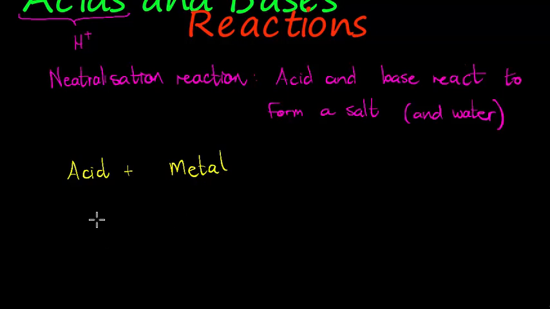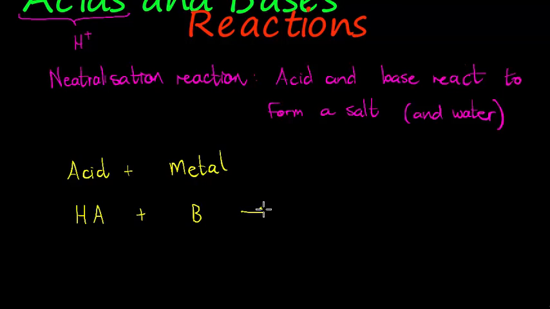When we have an acid and a metal, we will have a proton donor, H, and then whatever anion we have, plus the metal, and I'm just going to use B to represent a metal in this case.